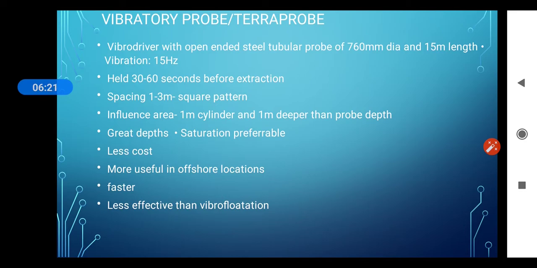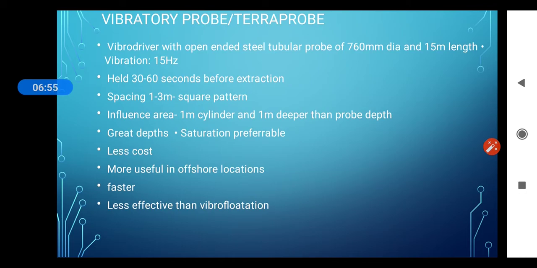It consists of a vibro driver coupled to an open-ended steel tubular probe of 760 mm diameter and 15-meter length, and the vibration is about 15 hertz, held about 30 to 60 seconds before extraction.